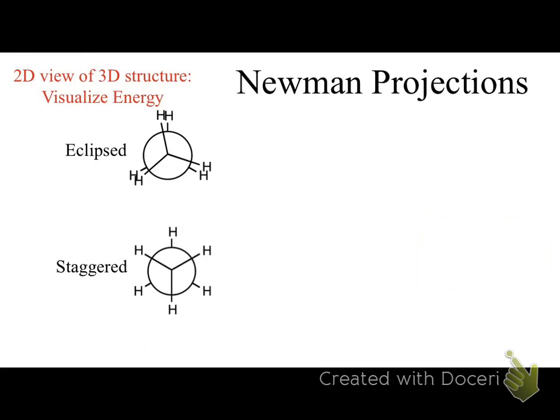Let's see if I can do this without it spinning on me. We've got a blue carbon atom, and our carbon atoms look like little knot star things.